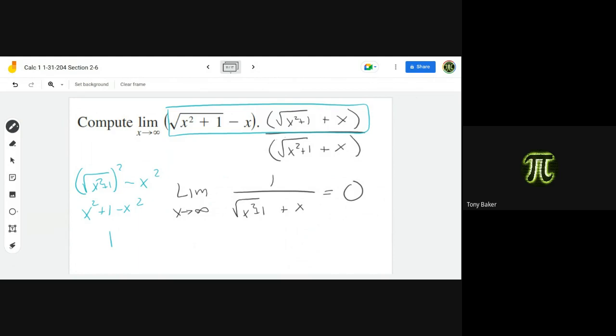So it ends up being more work to remember that than just to remember what to do in the first place. Some things, yeah, they're always going to work, but I'm going to tell you, just do this. If you see square roots and stuff like that, conjugate pairs are great ways to get rid of them. Okay? As long as you have the two pieces, because the goal is to basically use the difference of squares to do that.